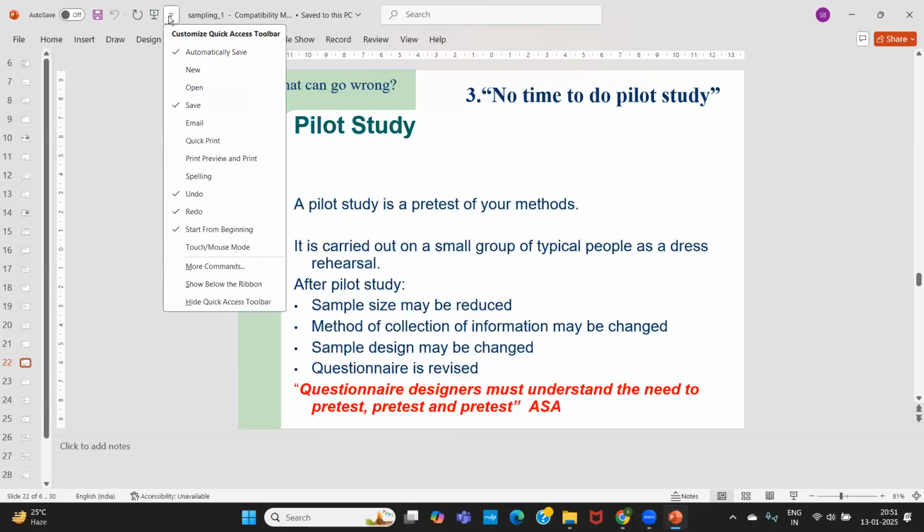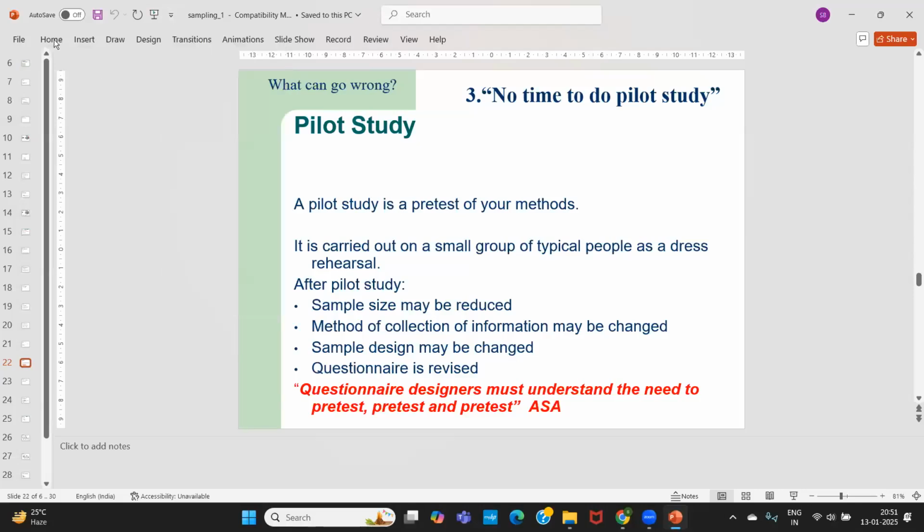After the pilot study, in your research, the sample size may be reduced, the method of collection of information may be changed, the sample design may be changed, and the questionnaire is revised. Questionnaire designers must understand the need to pretest, pretest, and pretest. This is the quote by the American Statistical Association.